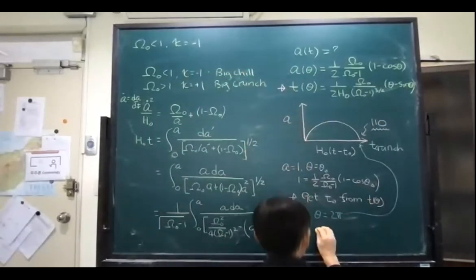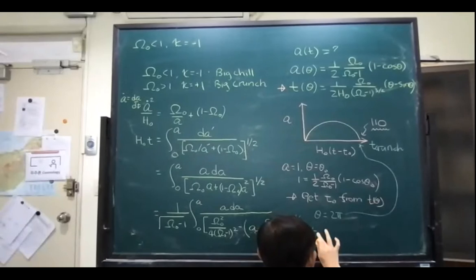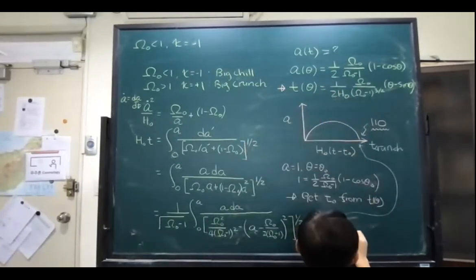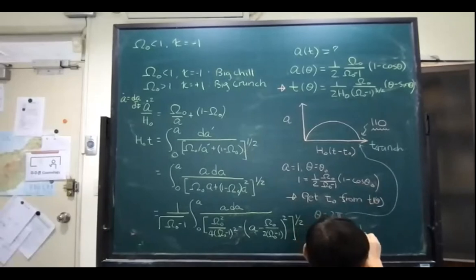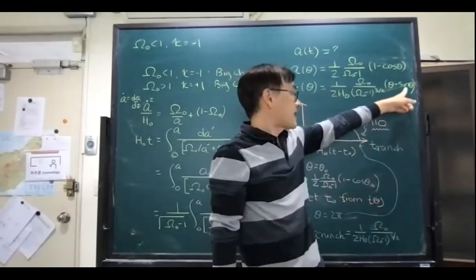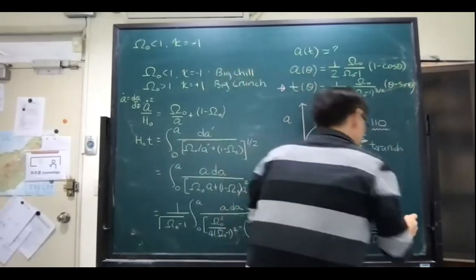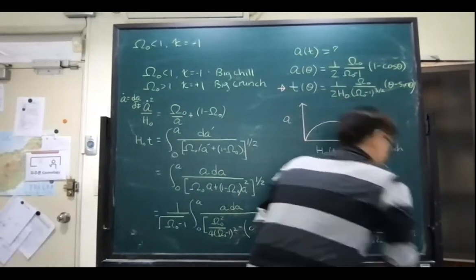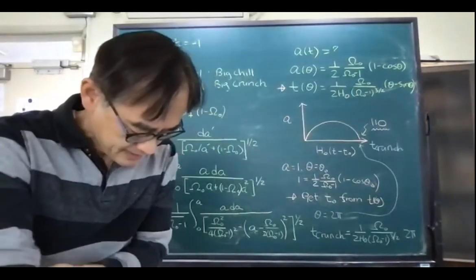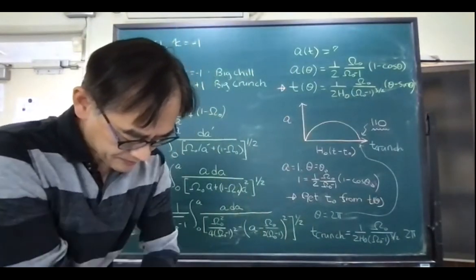And T crunch can be obtained from here. 1/2h0 omega 0 over omega 0 minus 1 3/2 times sine 2 pi is 0. I have 2 pi times 2 pi. That brings me so-called crunch time.